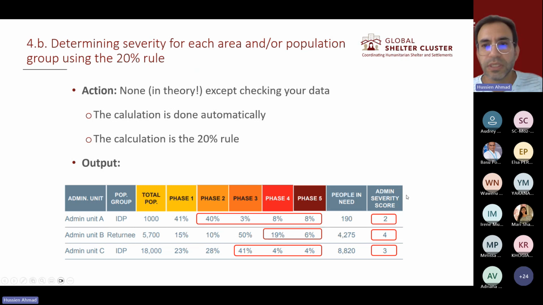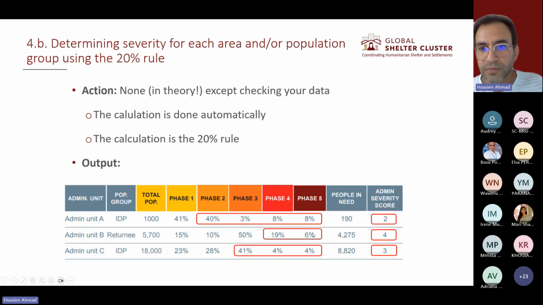Once we get that distribution, now we need to decide the area severity using the 20% rule. For example, here we look at severity 5, 8, less than 20%, plus 8, less than 20%, plus 3, 19, still less than 20%, plus 40, oh, now we are over 20%, and we reach the 20% at phase 2, so the admin severity score is 2.